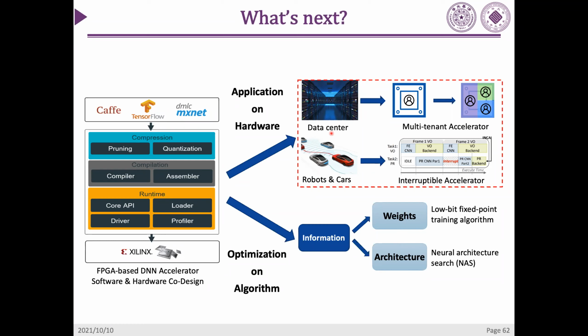So we try to look at the application of data center, that is a very, very large chip: how to design the neural network accelerator to support multi-tenancy, with multiple people using that chip. Or if you put the accelerator into robotics, it will support different neural net accelerations on a single chip, so maybe you need to support interrupts.